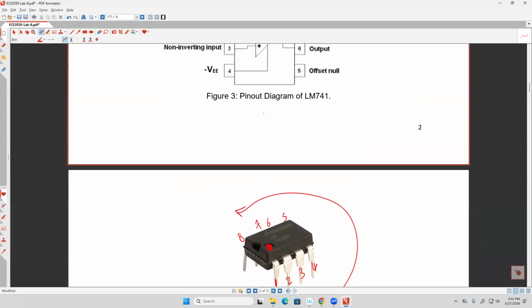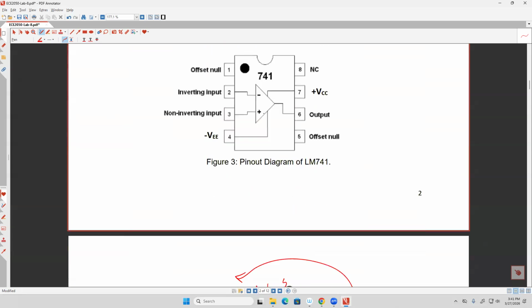This is how the chip looks like. All we need for this chip is pin number two, because this is the inverting input, the negative. For the positive, this is pin number 3, and the output is pin number 6.